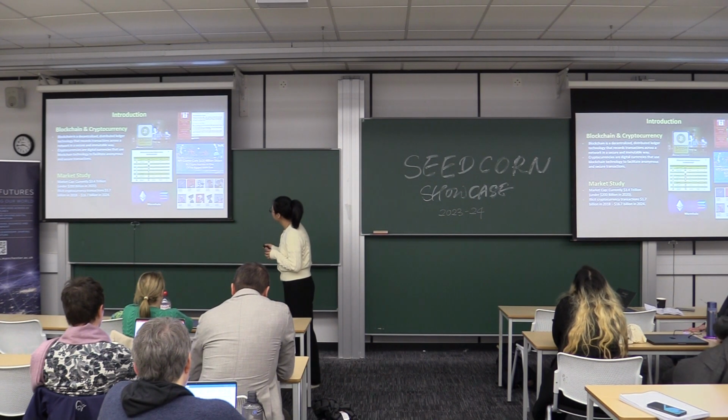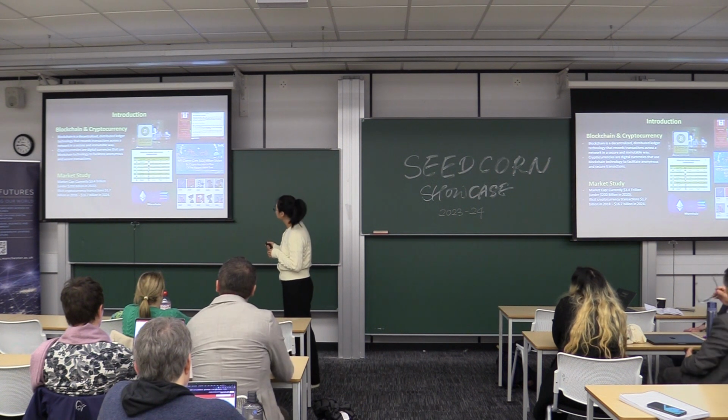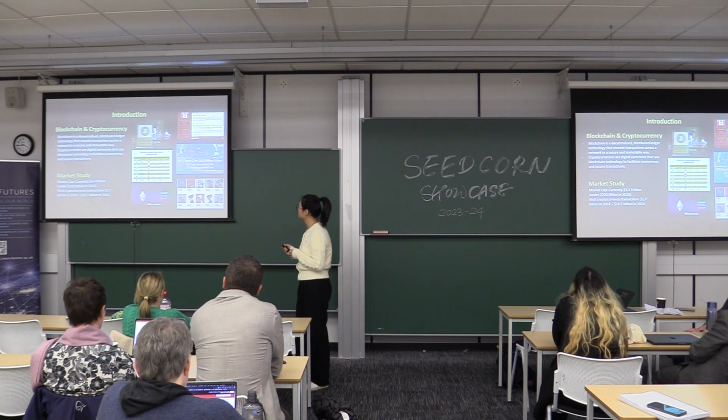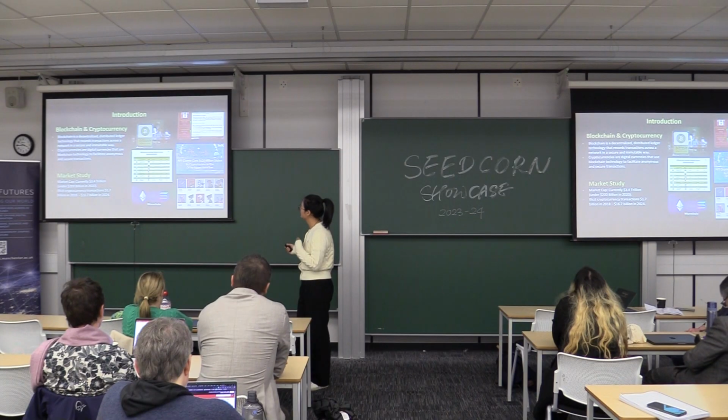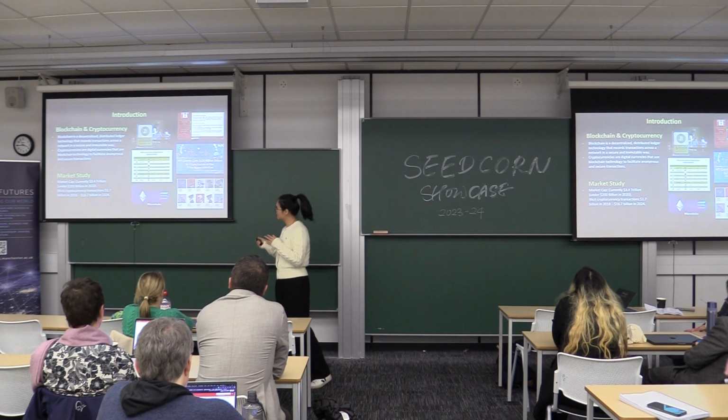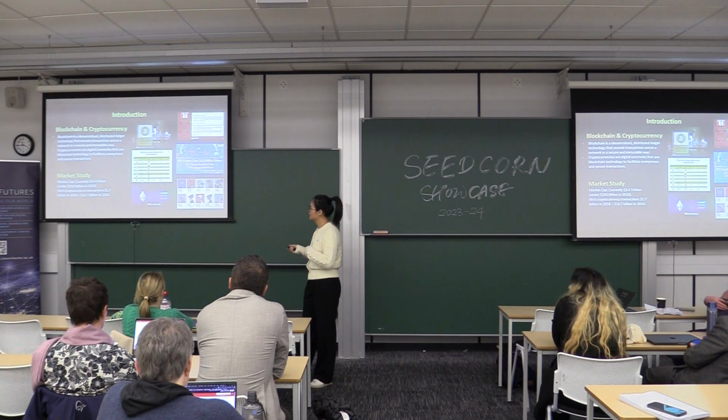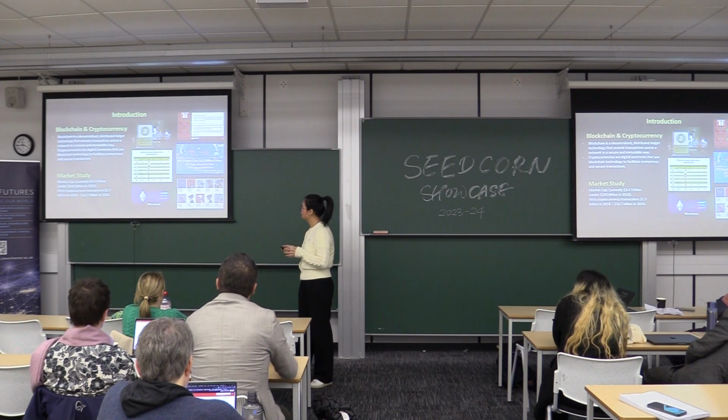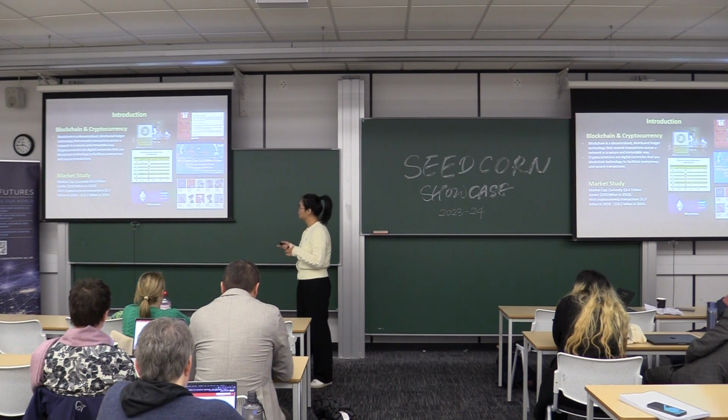Another famous case is the Ronin Network hack, in which around 620 million US dollars worth of assets was stolen. All of these examples show the critical need for tools to combat blockchain-related crime.